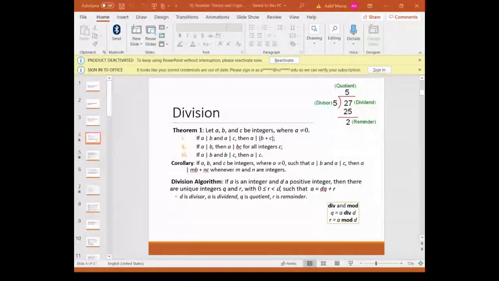So let's check whether this corollary is true or not, or just to make sense of what this means. Let's take an example here.